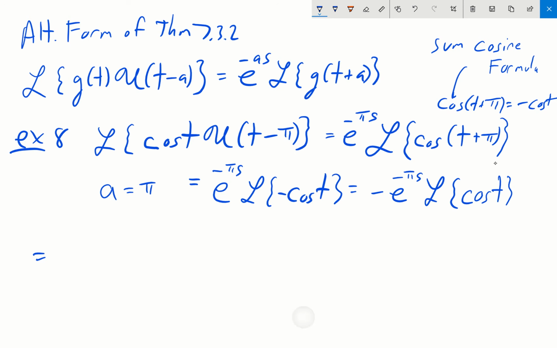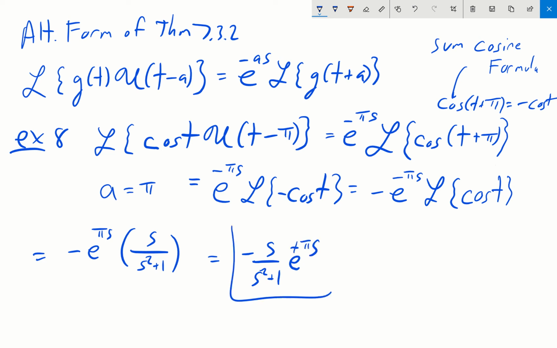And this is simply going to be equal to negative e to the negative pi s, and that gives us s divided by s squared plus 1. I'll probably put the polynomial part out in front here. But this is our Laplace transform of cosine of t times the unit step function t minus pi, and we found this one by using the alternative form of theorem 7.3.2.